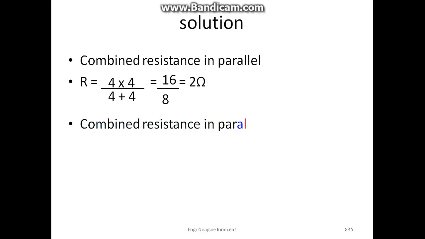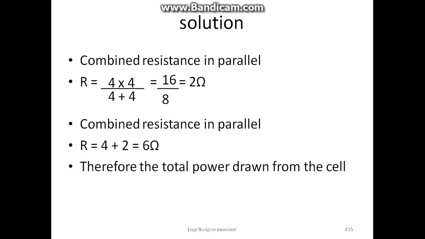Combining in series, capital R equals 4 plus 2, which gives us 6 ohms. Therefore, the total power drawn from the cell equals V squared over R, which equals 12 squared over 6, which equals 144 over 6, which equals 24 watts.